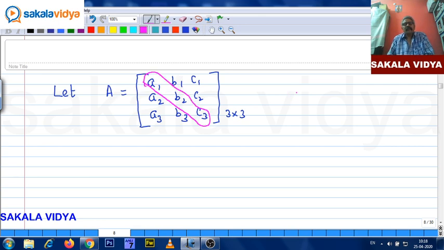So that means A1 B1, A1 B2, C3 is called the principal diagonal.